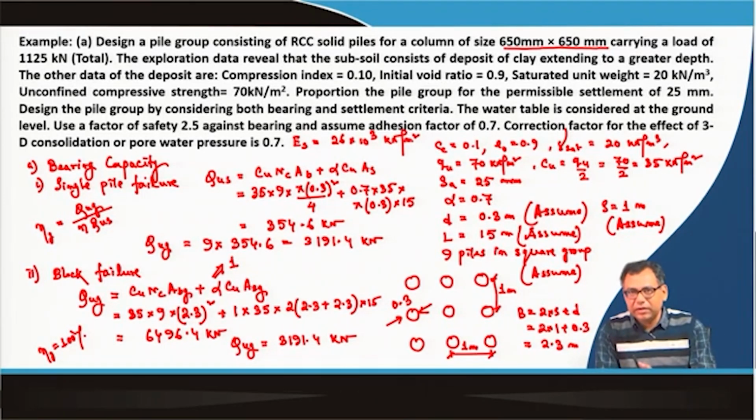If it is not given during design purpose, I have given you a number of correlations based on CU also there are some correlations are given. So, in my previous raft design problem, I have used one of those correlations. So, you can use those correlations and you can determine the ES value, but in this particular problem it is given. So, in this is given ES equal to 26 into 10 to the power 3 kilonewton per meter square.